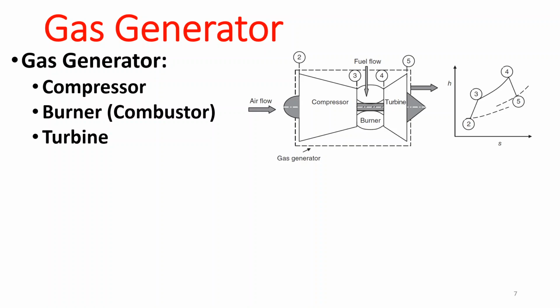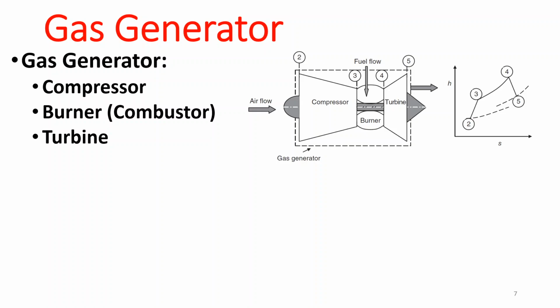Okay, so a turbojet engine has an inlet. The inlet part is, let's say, a gas compressor, not a turbojet, a gas generator. So we have a compressor, burner, and a turbine, and this is going to be your HS diagram. Let's say your compressor inlet is at station 2. You start at station 2. You have an enthalpy and entropy increase to station 3.